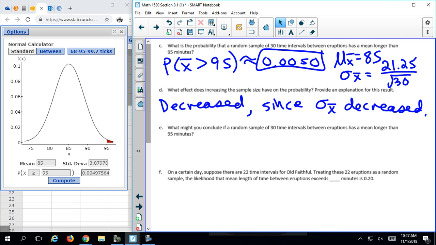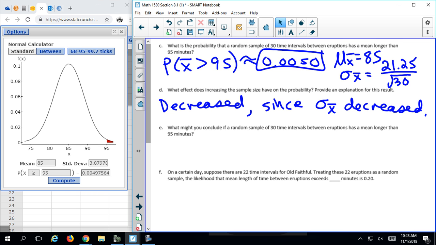So do we know that the mean is 85? This is population mean. So population mean means of all the time intervals between every eruption of Old Faithful in Yellowstone. Do we have all that? We probably have a lot of it, but we don't have it all, right?